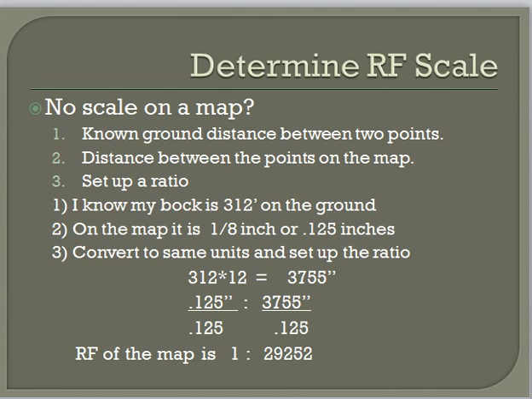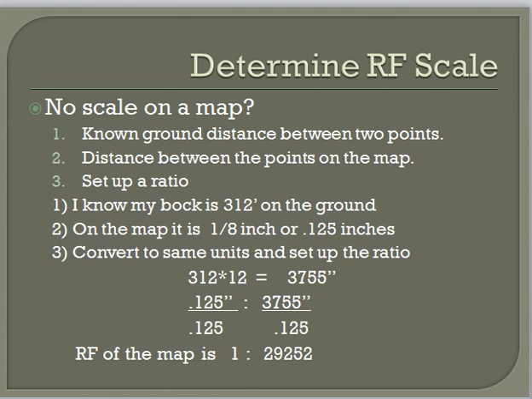Sometimes you will get a map that has no scale. And so there's a couple ways that you can find out what the scale of the map is. So let's say I don't have a scale on my map. I can create that scale by measuring something on the ground that I do know the distance of and set up a ratio.